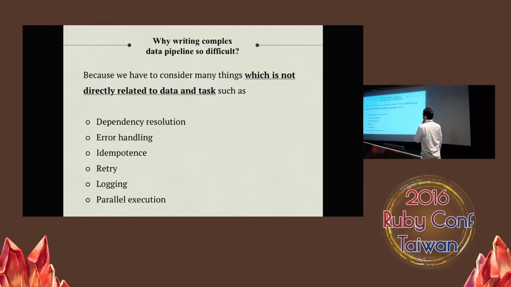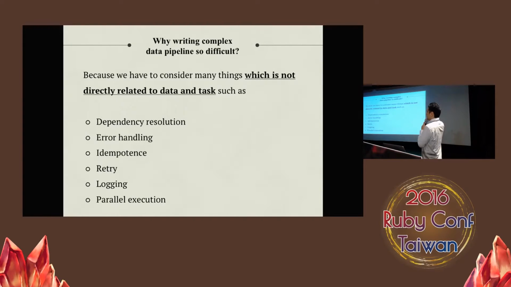Because we have to consider many things not directly related to data and tasks, such as dependency resolution, error handling, idempotence, retry, logging, or parallel execution. These features are very important to implement a data pipeline, but they do not include the logic we want to write.